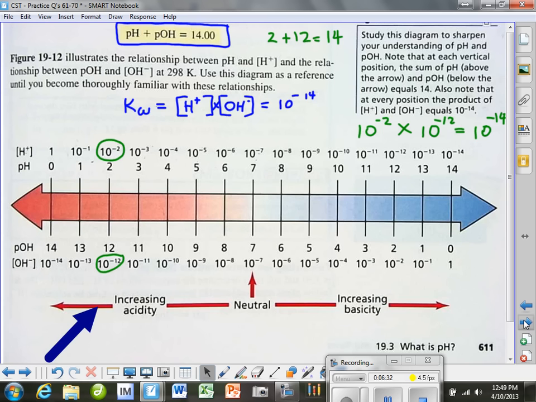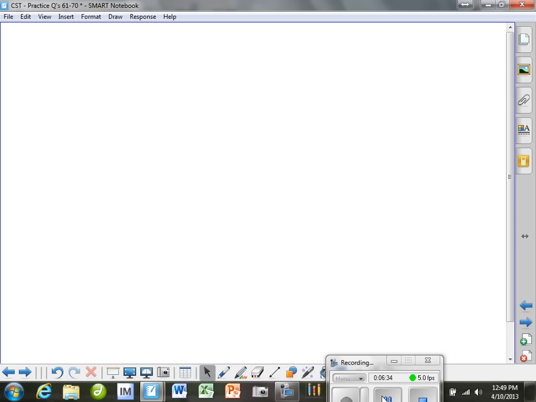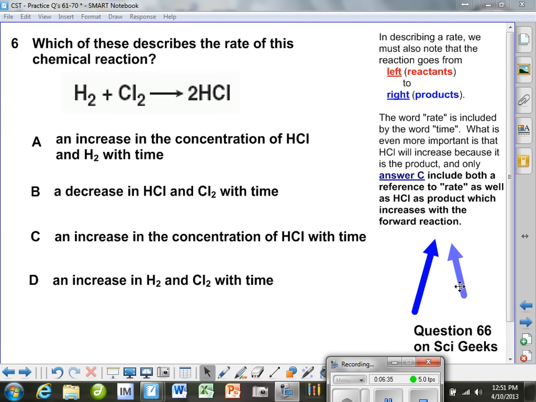Moving right along, the next question up is question number 66, and it's asking us which of these describes the rate of chemical reaction. Now the rate is included with the word time, so you'll notice time in all of these.